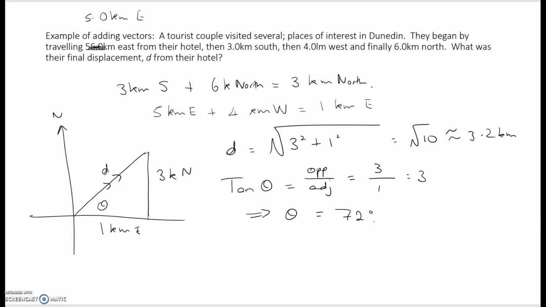So what we've got is that the tourists walked, in effect, or they ended up 3.2 kilometres and 72 degrees north of east. So around that way there.